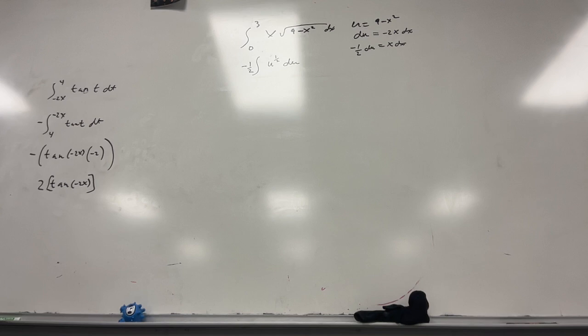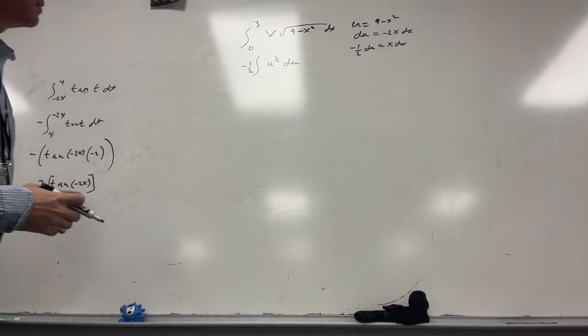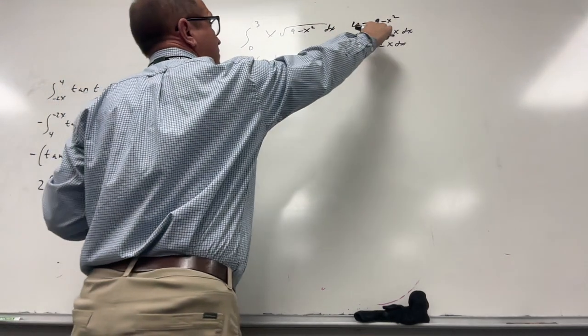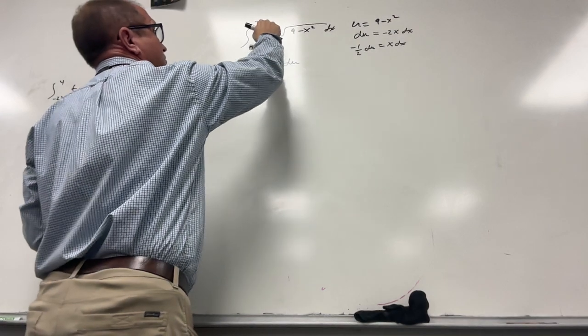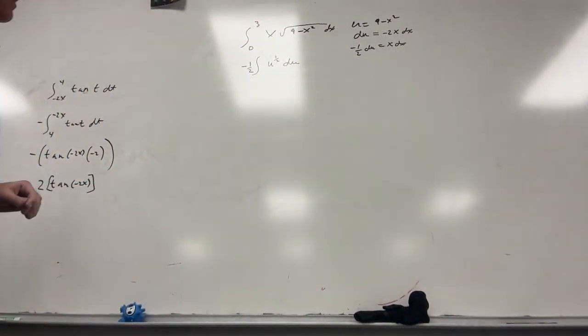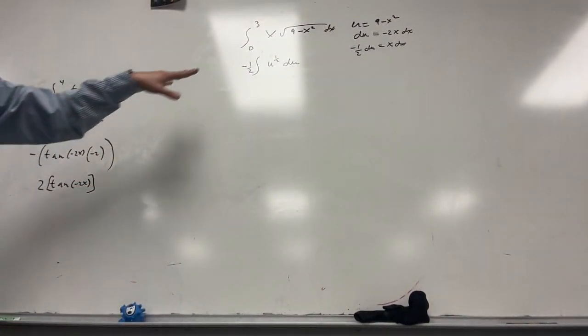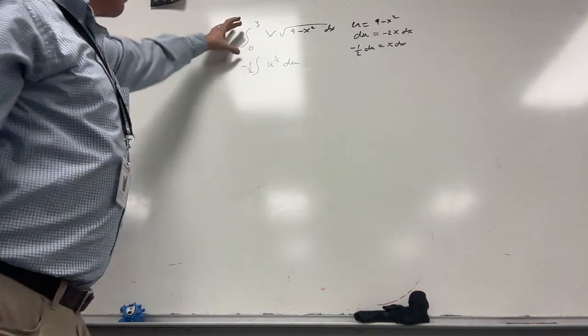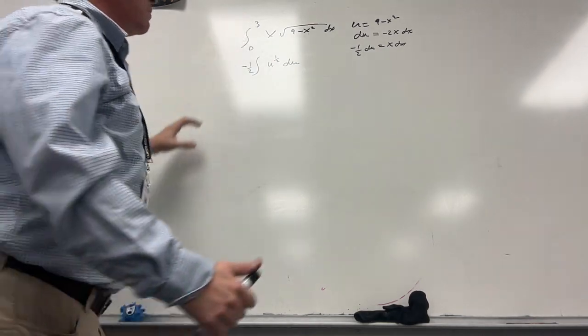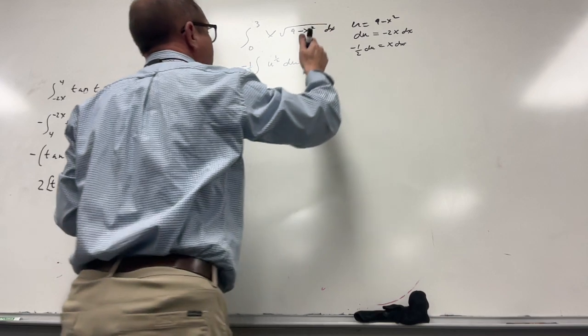All right. Now, from here, they tell us that these are our lower limits of integration when our domain is x. My new domain is u, so I need to write these x values here in terms of u.